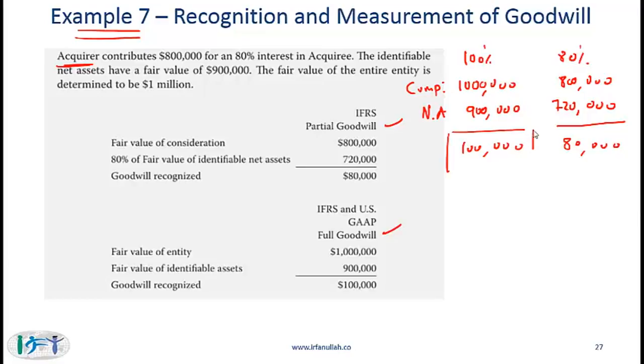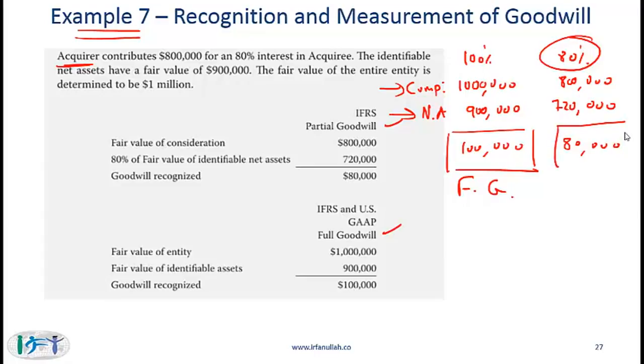The full goodwill method says that we take the total value of the company, so that is 100% of the company, minus 100% of the net assets. This again is the fair value of net assets. The difference between these two is 100,000. This is the full goodwill. The other approach is to take the 80% share and say that 80% of the company is worth 800,000. 80% of the net assets are worth 720,000.